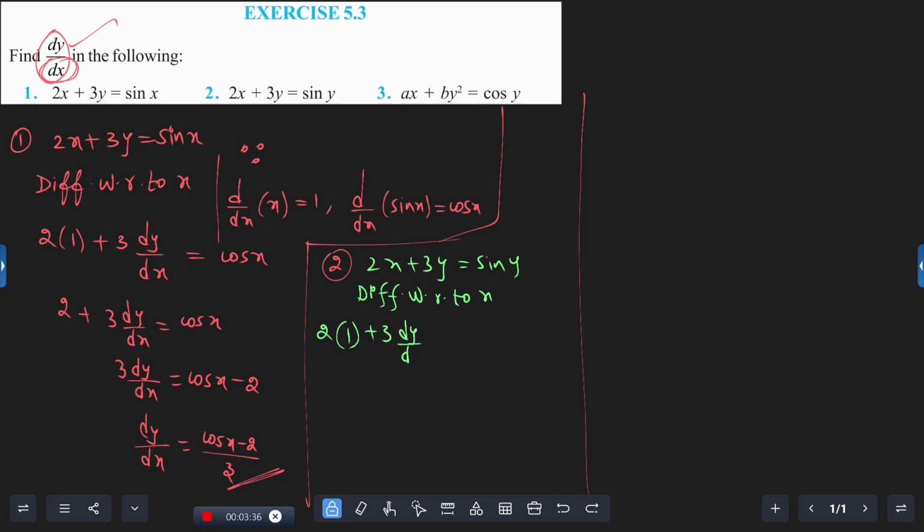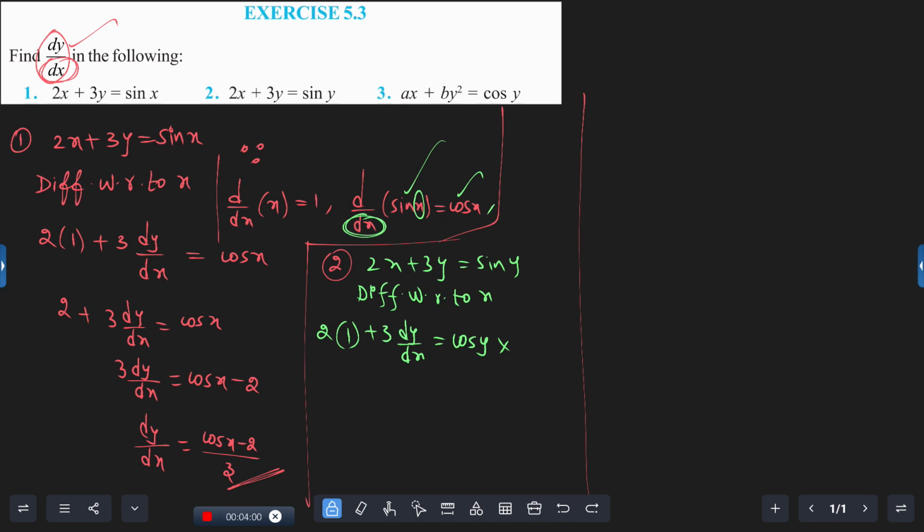In the same manner, the derivative of sin is cos. But listen carefully. The derivative of sin x is cos x, because we are doing it with respect to x, so the derivative of x becomes 1.